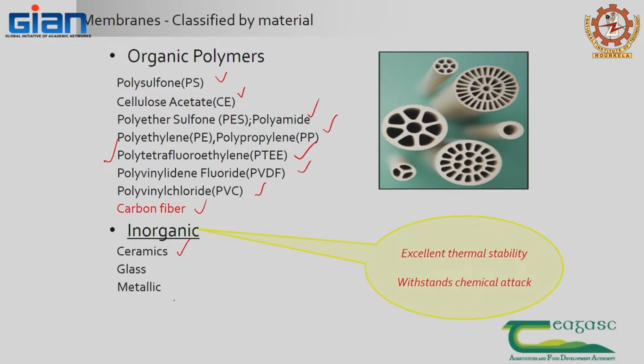Inorganic membranes are glass membrane, metallic membrane, and ceramic. They have very good thermal stability and withstand chemicals, because if you are using, for example, a cellulose acetate membrane and you are trying to remove acidic material, hydrochloric acid, from protein, that might impact the performance of that membrane. So, selection of membrane largely depends upon your type of raw material, and what you are trying to separate.